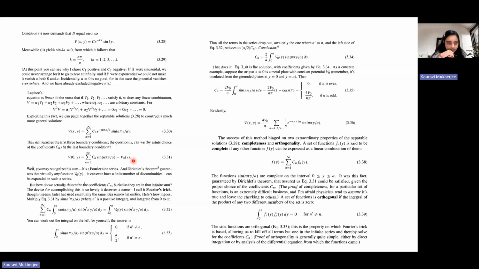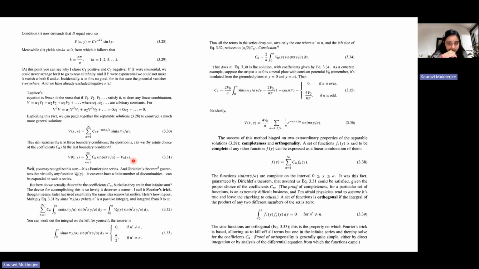Okay, so you have the sinusoidal functions which make up an orthogonal complete set, right? So for such functions, what Fourier's theorem tells us is that we can write any function as a linear superposition of such a complete orthogonal set.